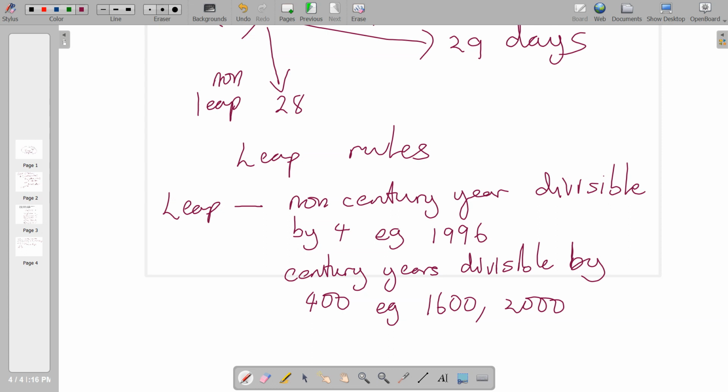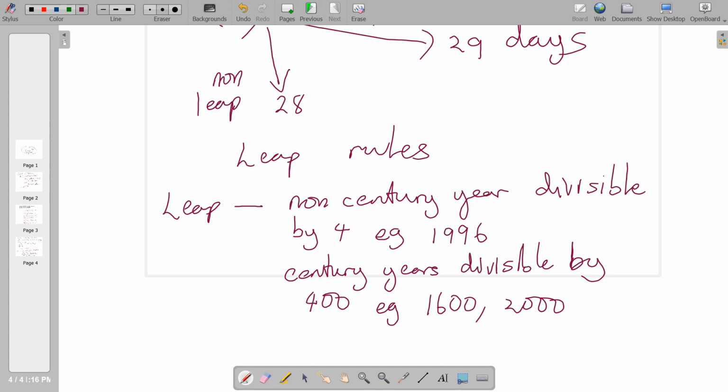And we have that key word, remainder. What do you think about when we hear remainder? Once you start talking about remainder, you know that we have to form an expression using a particular operator. Mod. Mod will allow us to figure out what are leap years and what are not leap years. Make sense?